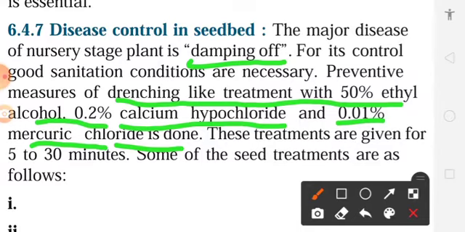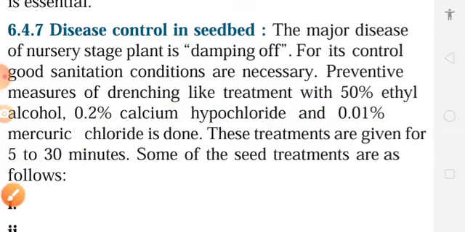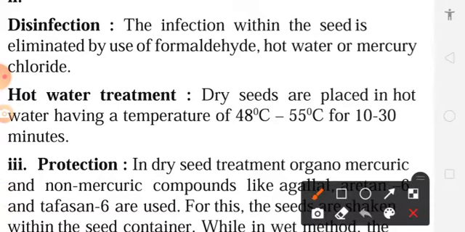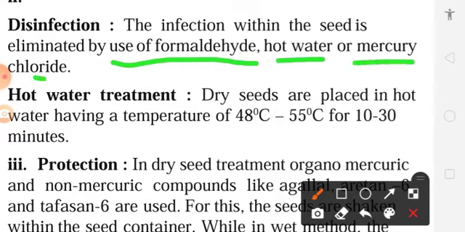This treatment is given for 5 to 30 minutes, and later other activities in the bed can be done. Now, disinfection of the seed bed we have already studied, but formaldehyde, hot water or mercuric chloride can also be used for disinfection of seed beds.